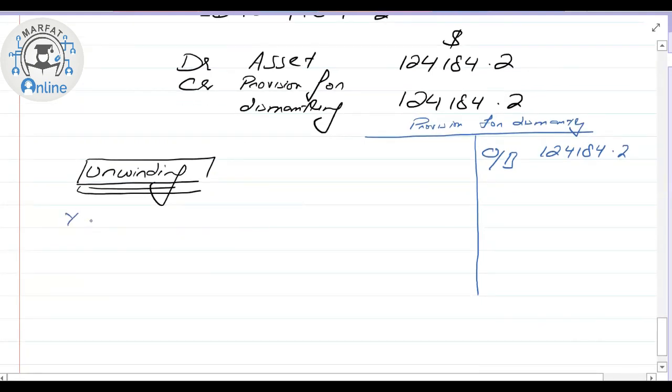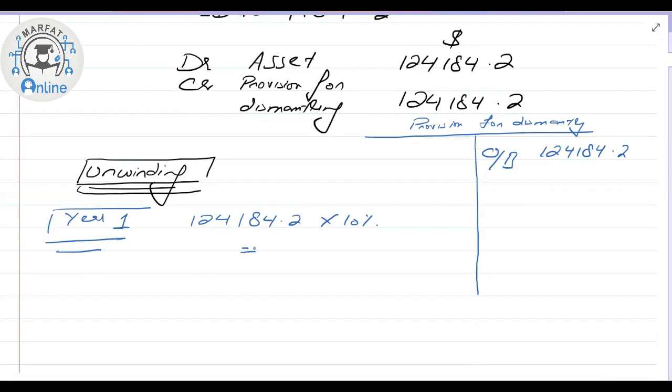So in the year 1, we take 124,184.2 multiply by 10%, that is, multiply by 0.1.